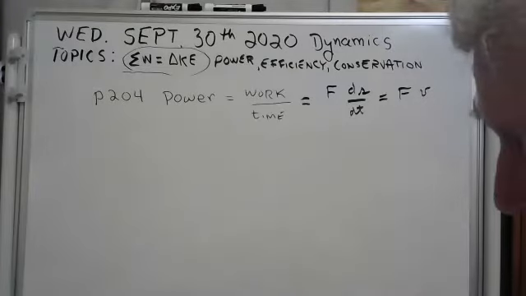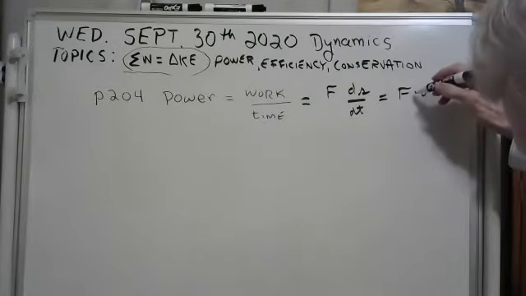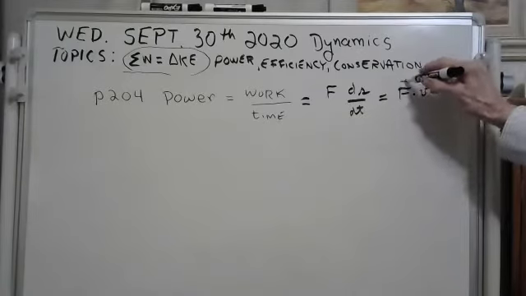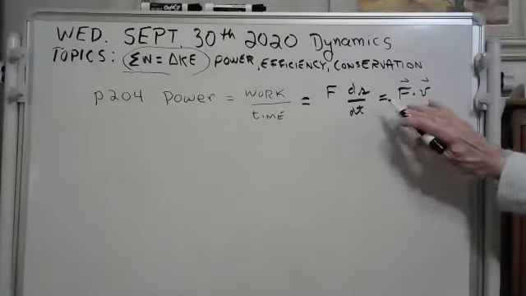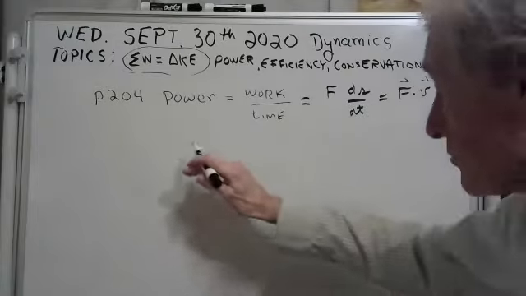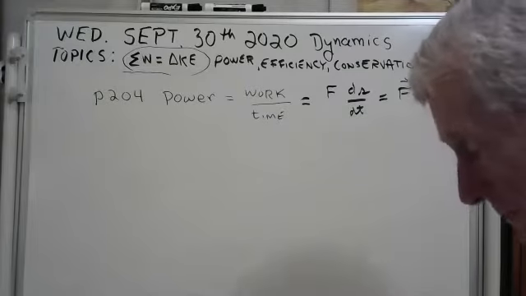If they're not aligned and parallel with one another, then you need the dot product, and that's what you'll see in the book. But if they're in the same direction, it's just force times velocity. So we got our equation now for power.